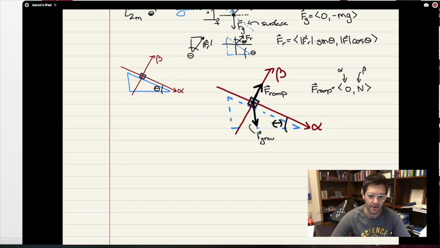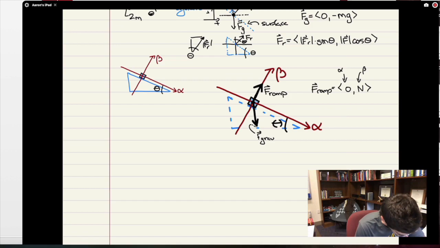But notice now it does not point along the vertical direction, so I cannot write it as 0, minus g, because it points a little bit in the alpha direction and a little bit in the beta direction. I can draw dots to represent that.